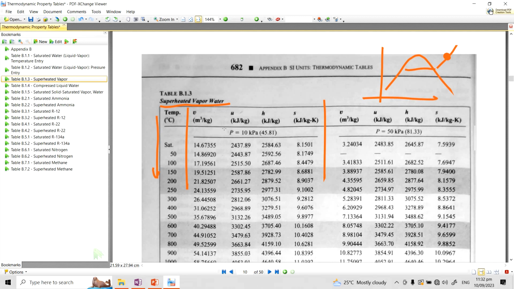But you will notice that there's a difference in the pressure. Even though we have the same temperature column, the pressure is actually different. One corresponds to 10 kPa, the other one corresponds to 50 kPa.